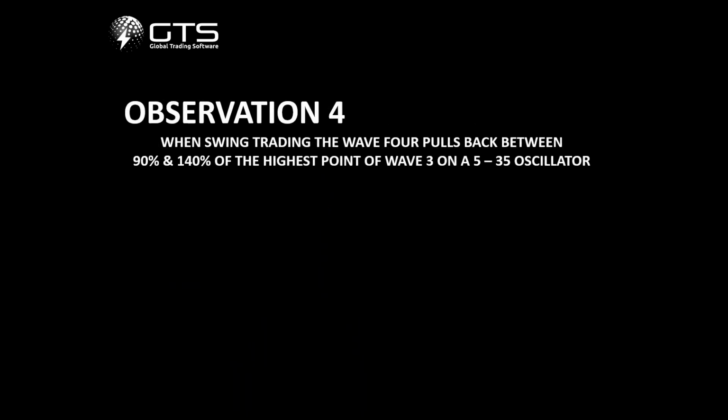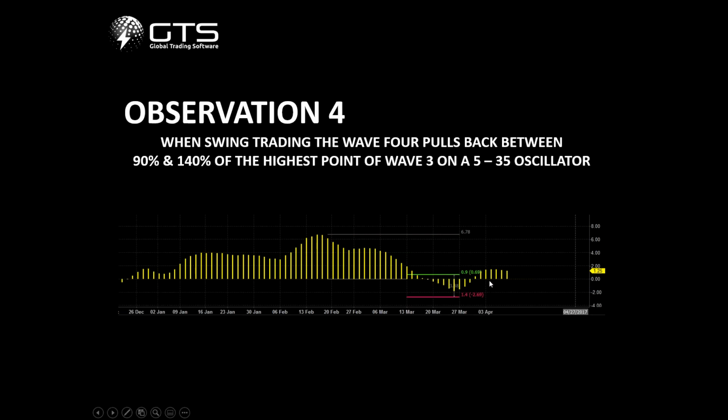So observation 4, this is one of the ones that we're looking at on the wave 4 pullback as well. When swing trading, the wave 4 pullback pulls back between 90 and 140% of the highest point on that wave 3 on a 5-35 oscillator. It's an Elliott Wave oscillator. An oscillator is basically a pictorial graph of the distance between the 5 and the 35 moving average, showing you that cross-sectional area.